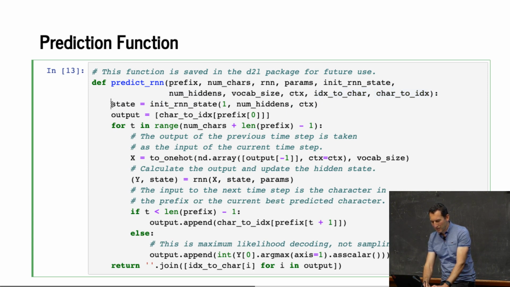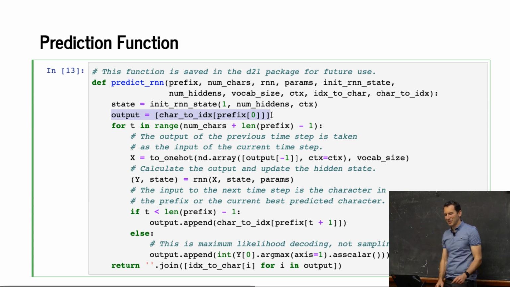So the first thing we do in the predict function is we initialize the state, and then we basically seed the output. The output in our case is the first few characters, that's basically prefix of 0.